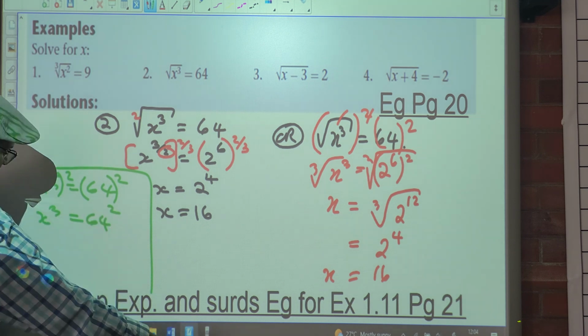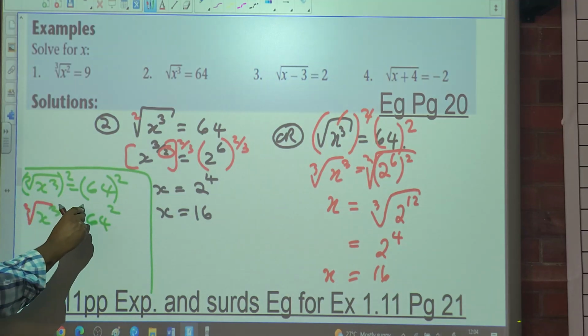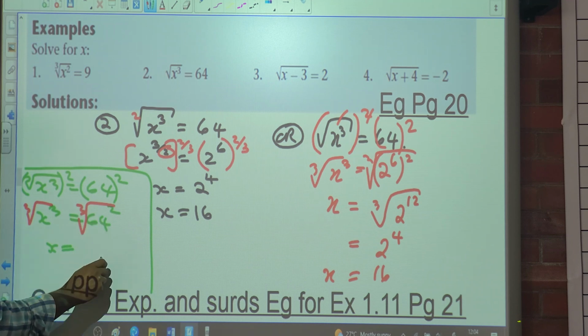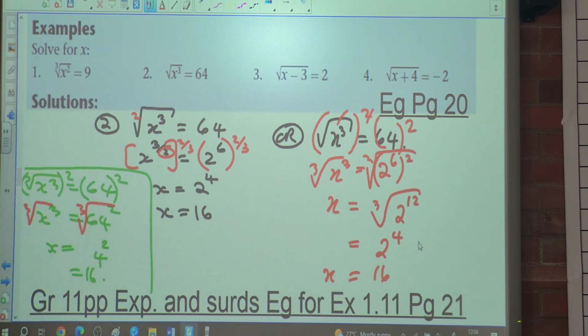How do I get rid of the cube? Cube root. That is x is equal to the cube root of 64, which is 4. And 4 squared is 16. Three different ways I could do the same. Okay. Is there any confusion? Any confusion whatsoever?